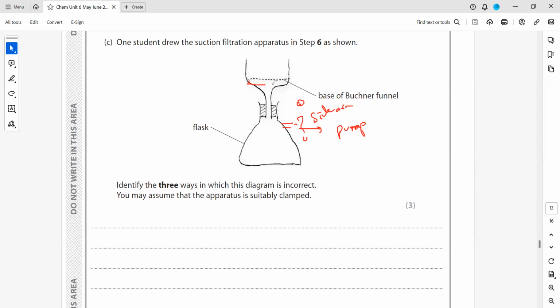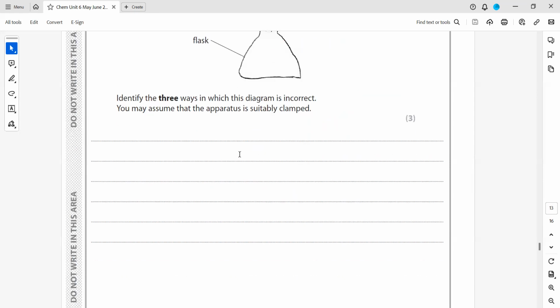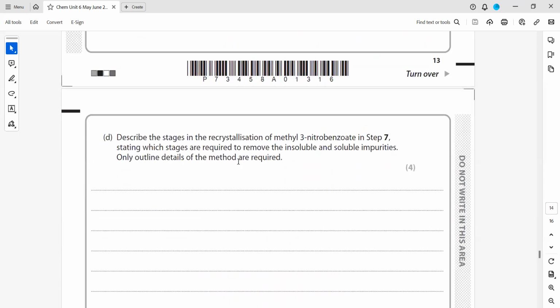There must be a filter paper here in the base. So when we pass the solution, as the vacuum pump removes the air, the filtrate can easily pass through and the dry solid will be left on the filter paper. So the three mistakes: the side arm is missing in the conical flask, the pump is missing, and the filter paper is also missing.